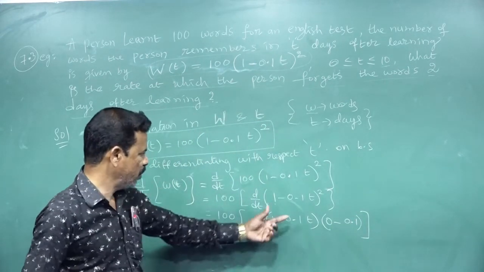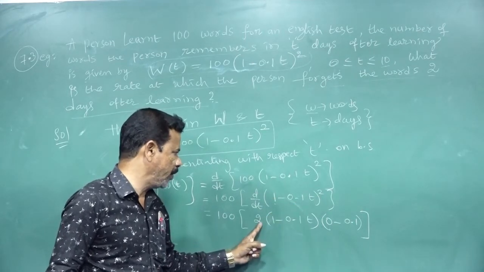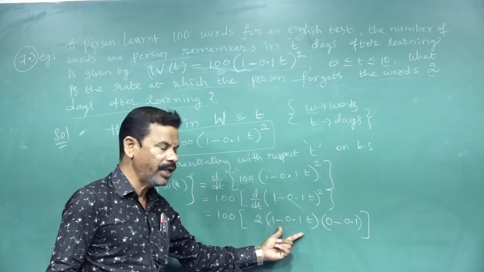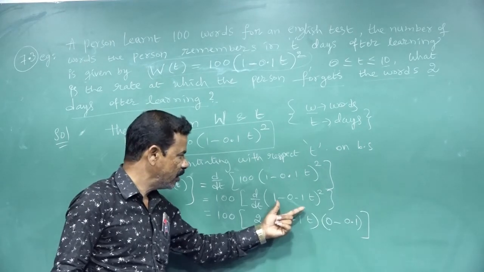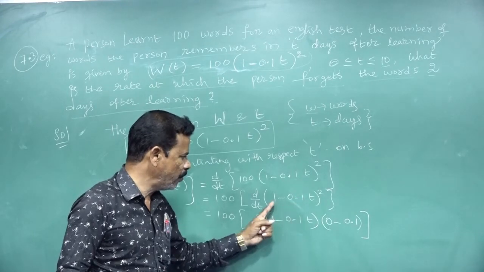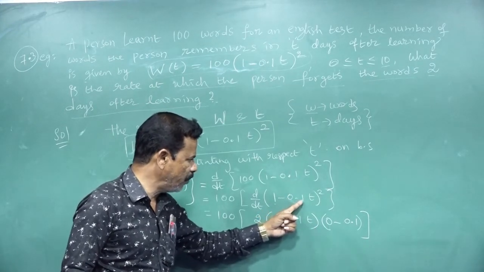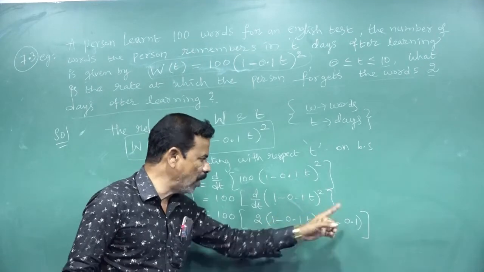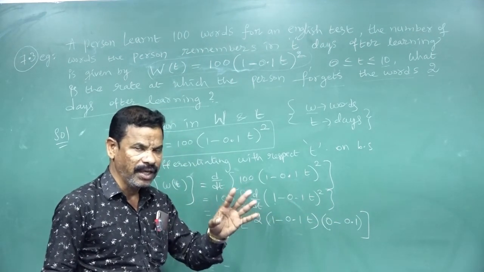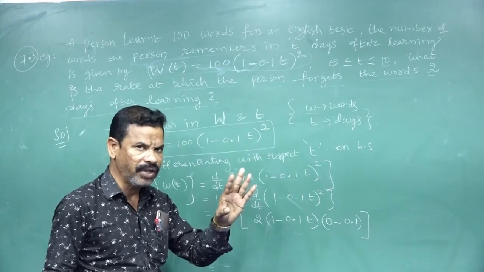First this derivative, 2 into (1 minus 0.1t). After that, inside 1 minus 0.1t, the derivative of 1 is 0, and the derivative of 0.1t is 0.1 only. The derivative of x with respect to x is 1, and t with respect to itself is 1.